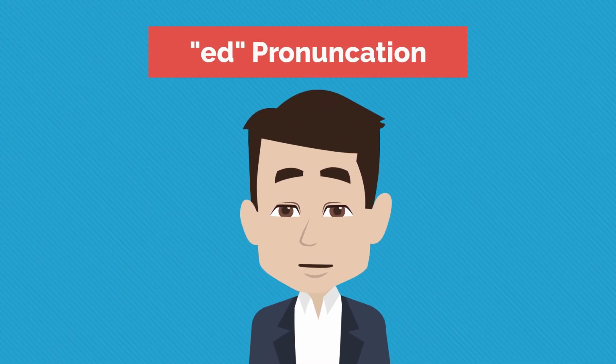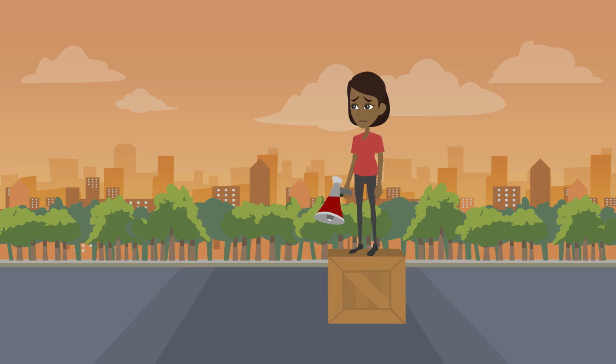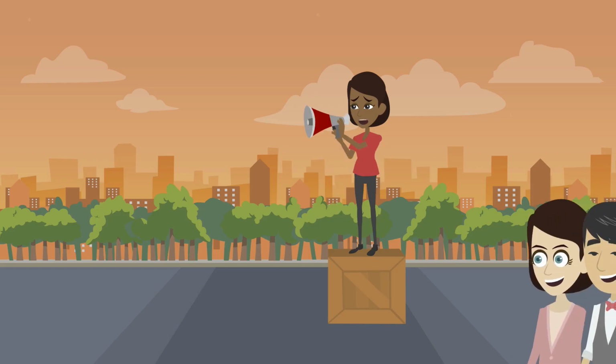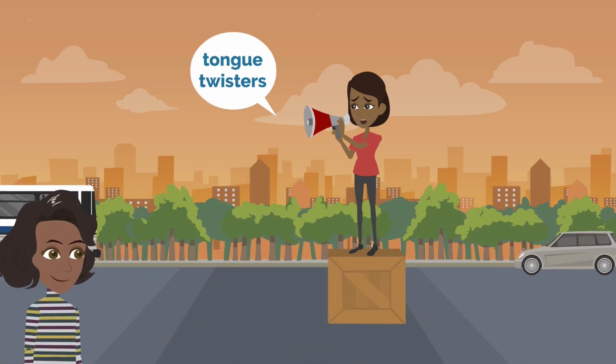In other words, voiceless words primarily use the front of your mouth to make the sound, while voiced words use the vibration of your throat. To practice this concept a little bit, we will use tongue twisters.